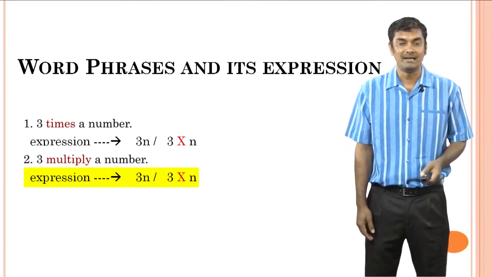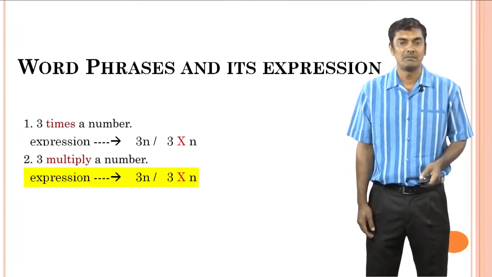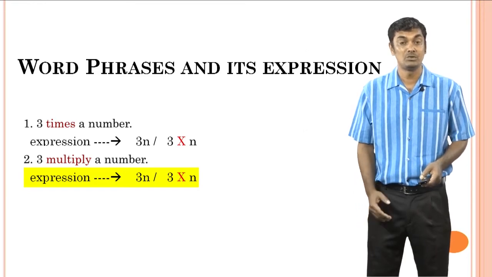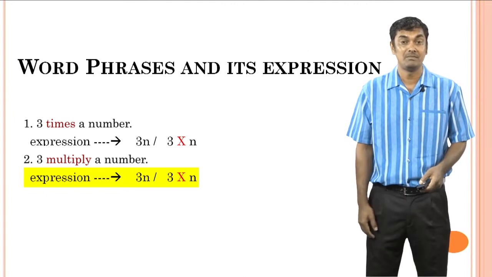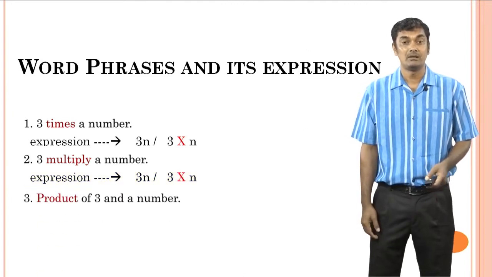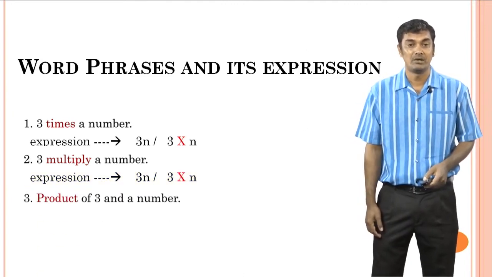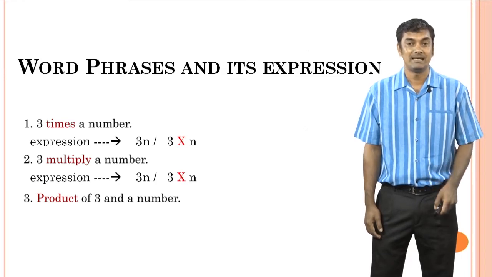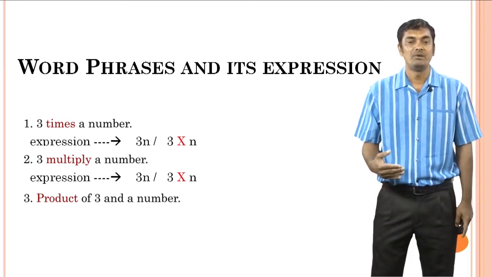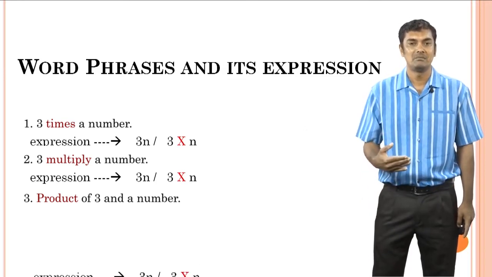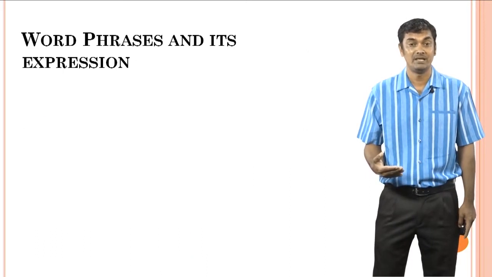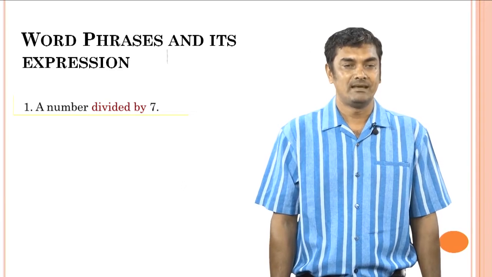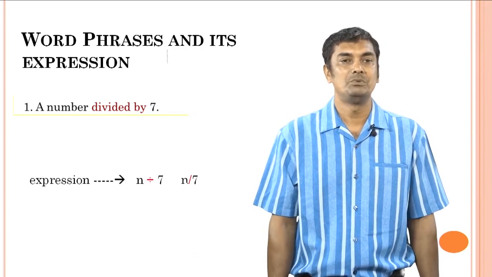There again, you see times, multiply, these key terms coming up. So when they're mentioned, we must be able to appreciate how they can be used. The product of 3 and a number: product, multiplied, times, they are all referring to the same mathematical construct, written as the expression 3n.